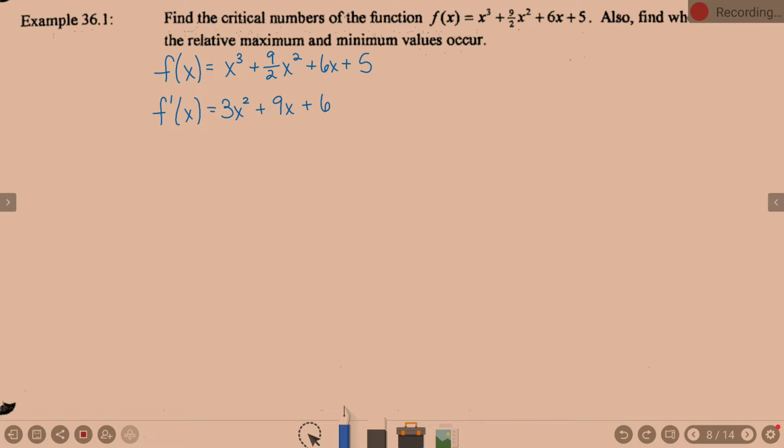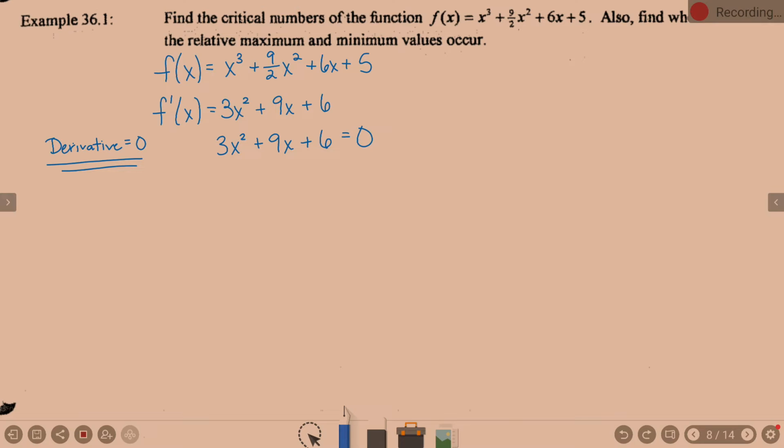Our concern is where the derivative equals 0. So our plan here is that we're going to take the derivative and set it equal to 0. So 3x squared plus 9x plus 6 equals 0.